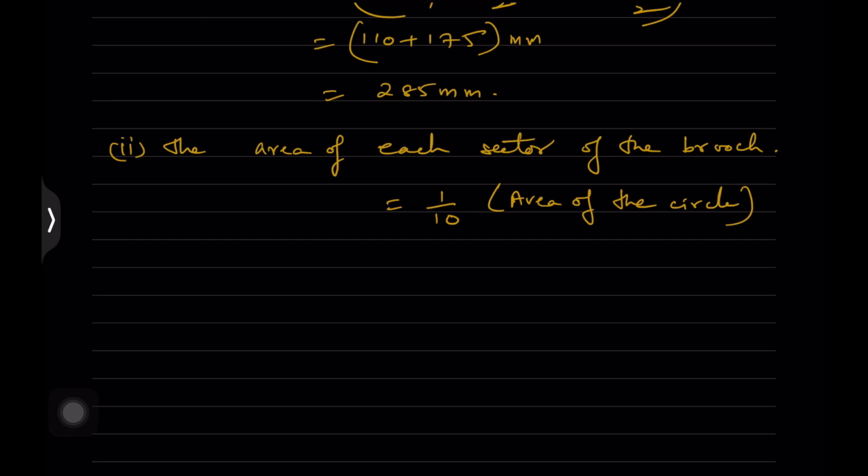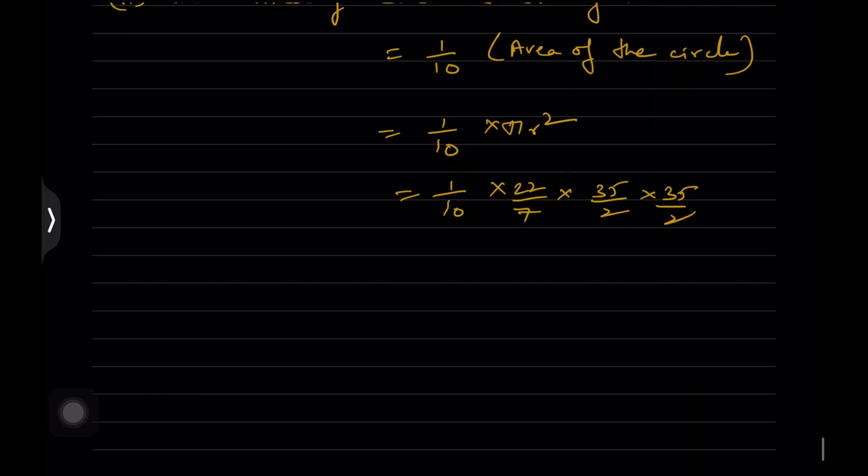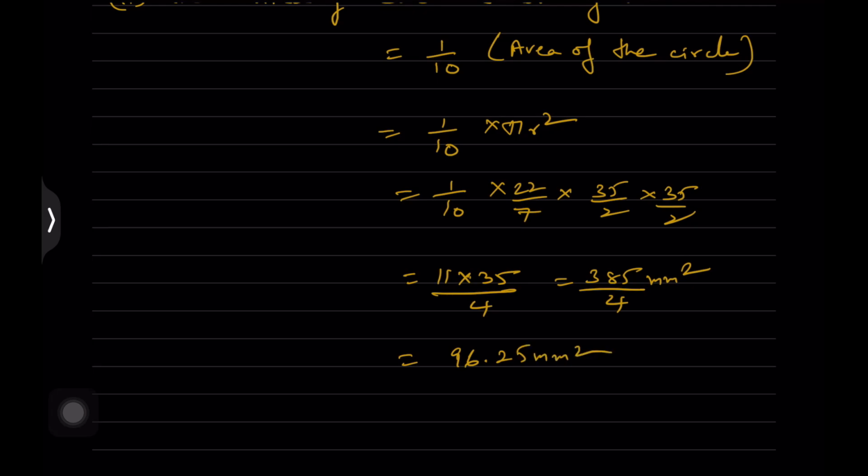So that is 1 by 10 into pi r square, which is equal to 1 by 10 into 22 by 7 into 35 by 2 into 35 by 2, which is equal to 11 into 35 by 4, which is 385 by 4 mm square, which is equal to 96.25 mm square.